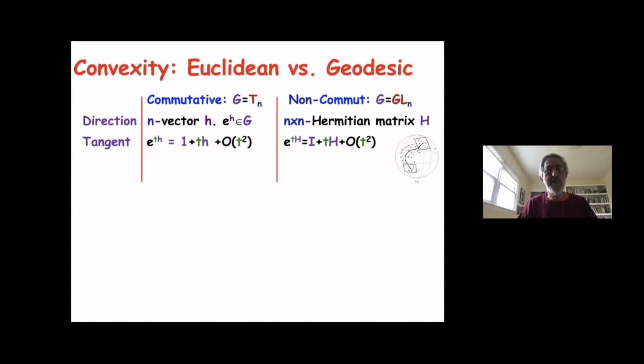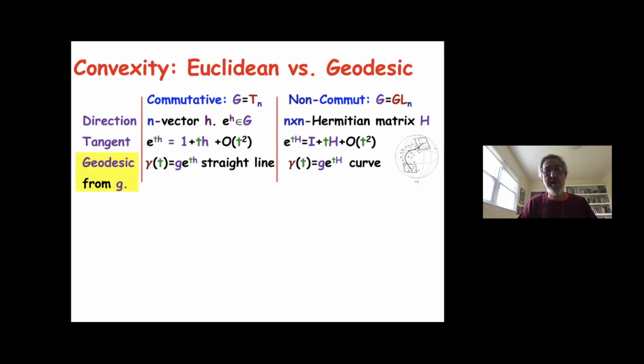If you take such a vector written in exponential form, e to the th, where t is very small, then it gives a tangent in direction h, and direction has the same meaning in the non-commutative case. So we can start moving from any particular point, and the direction we move, especially when we take derivatives, but in general, understanding the differential structure of the objects we are on, are geodesics.